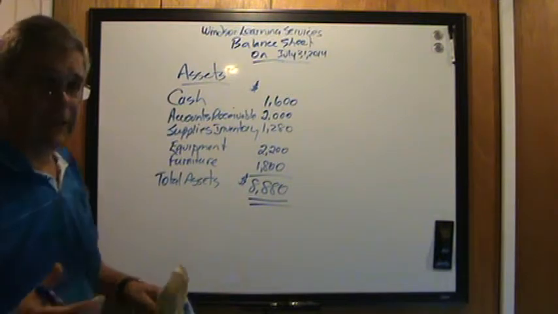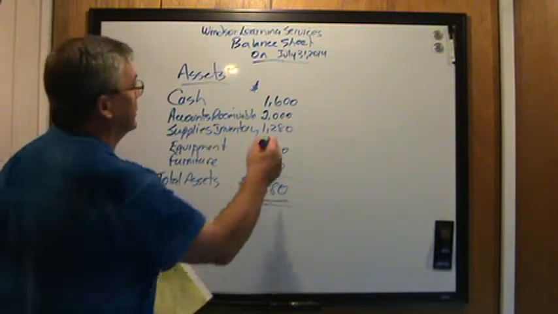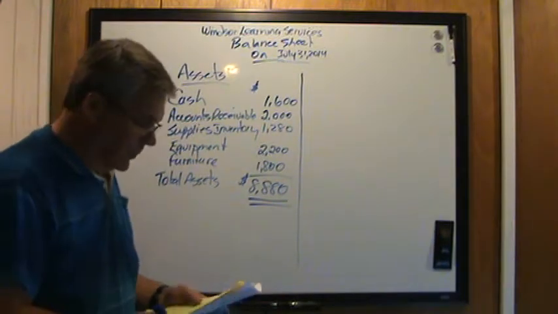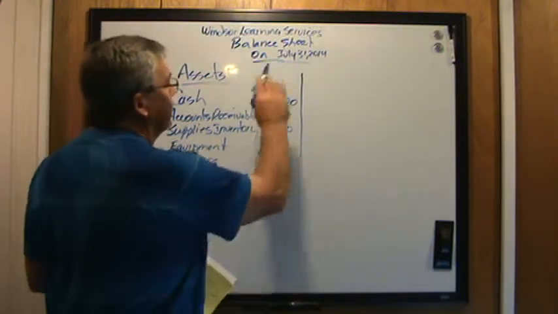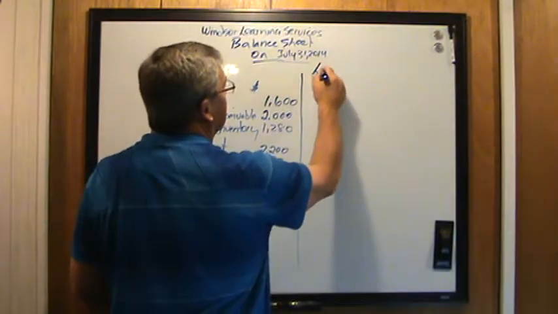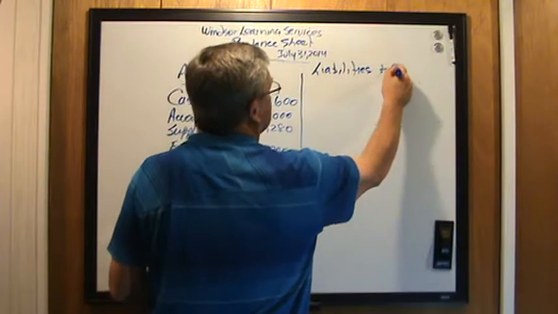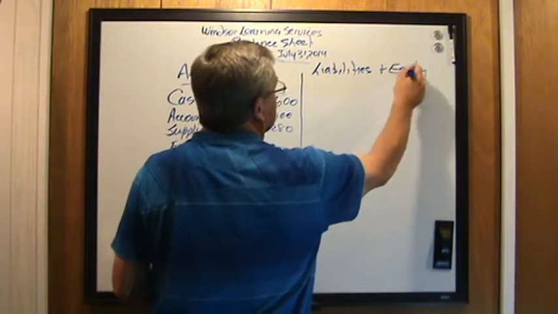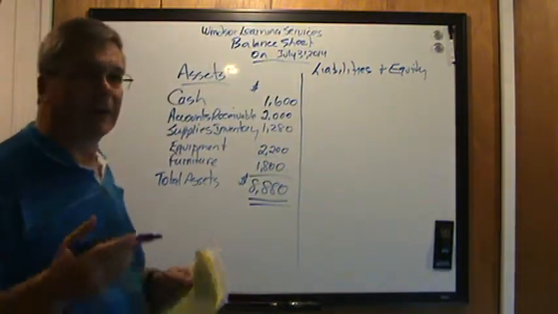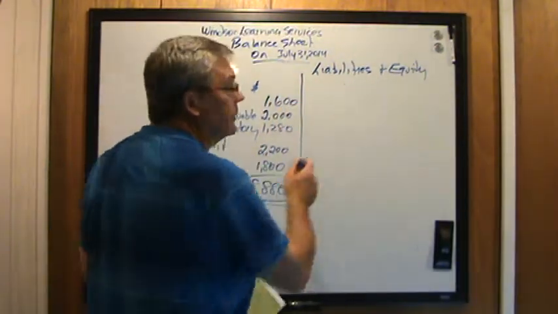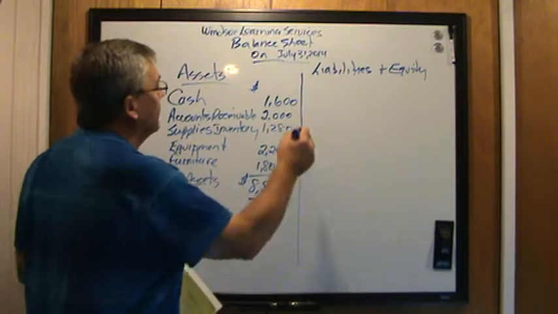Unfortunately, I've squeezed myself for the liabilities, so I didn't make very good use of the board space. Now on this side we're going to have liabilities and equity. If you remember the accounting equation, that's exactly what the balance sheet shows. Assets equal liabilities plus equity. So we'll start with liabilities.